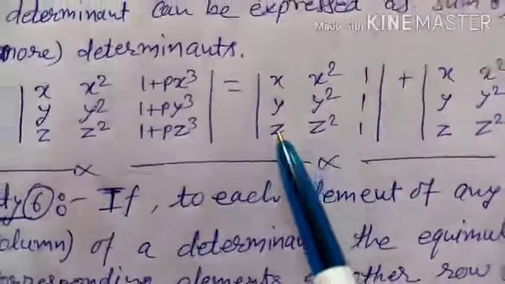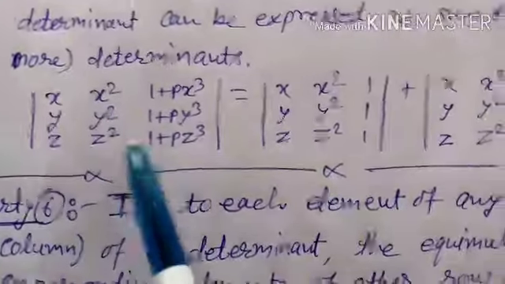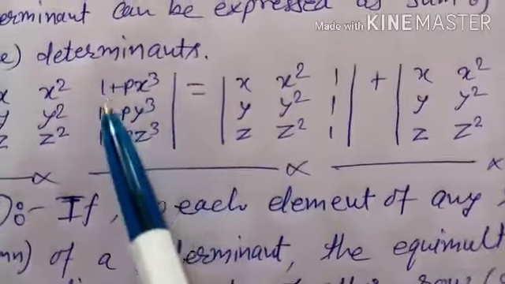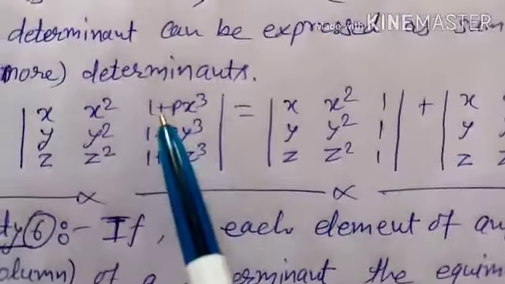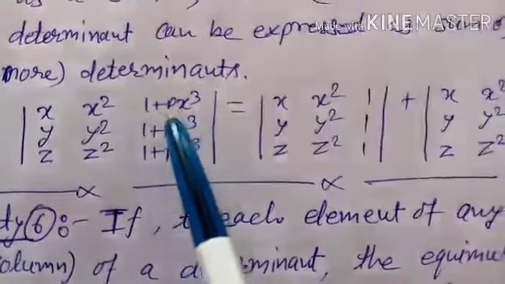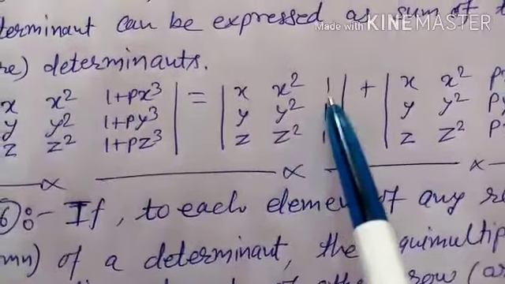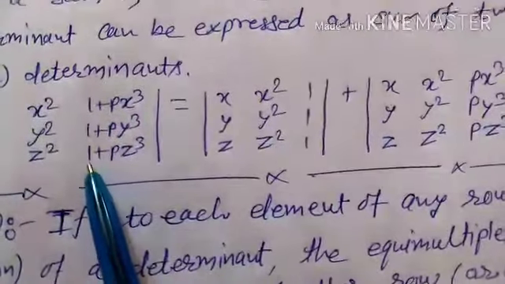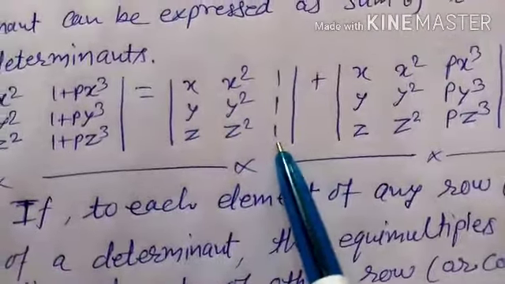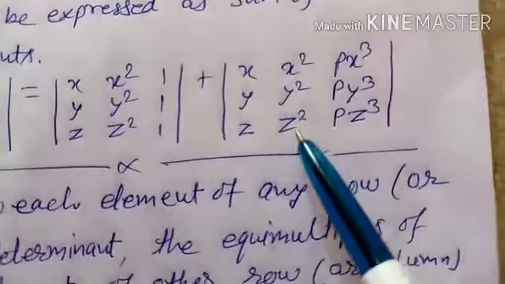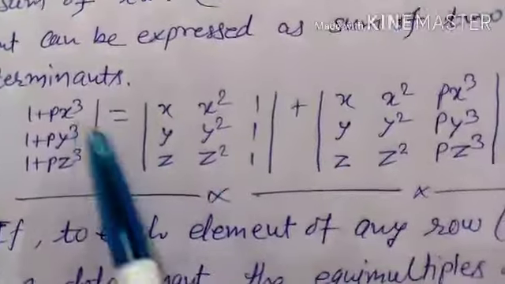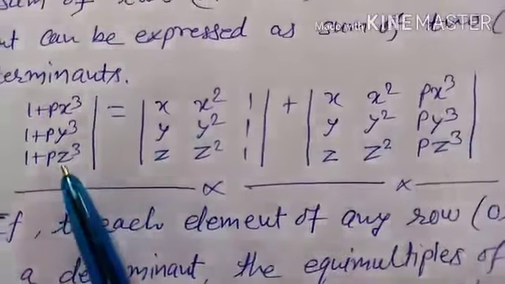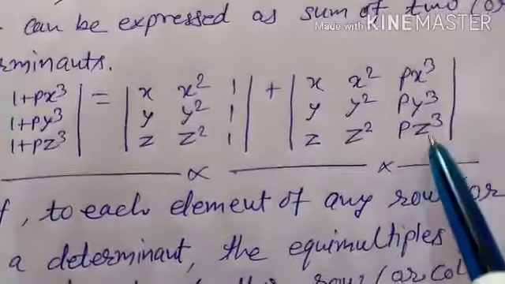Let's see here, first two columns x y z and x square y square z square as they are, and the third column which is the sum of two terms, so write the first term here and the second term there. So the first term is 1 1 1, so write 1 1 1 here. First and second column as they are, and the third column which is px cube, py cube, and pz cube.